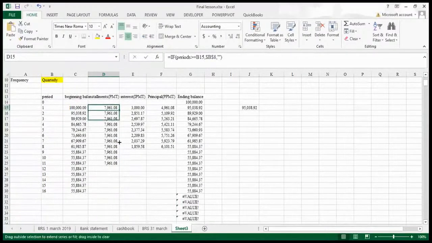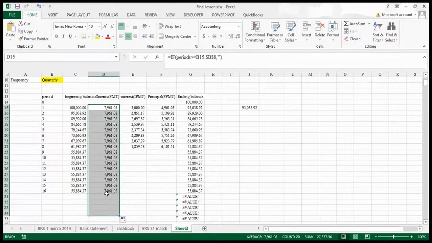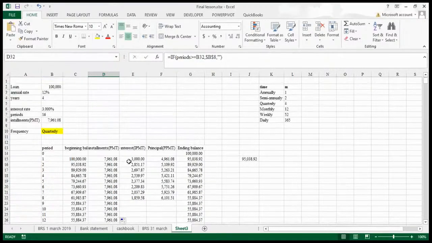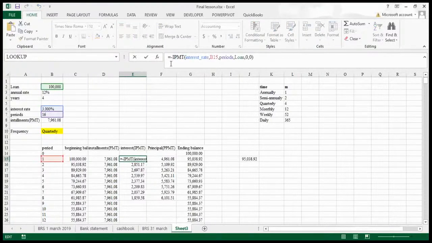So when we do it this way, it will only stop at this point, but after that, there is the formula. Come here again, immediately after equal sign, Control V, then comma, quotation, close your bracket.